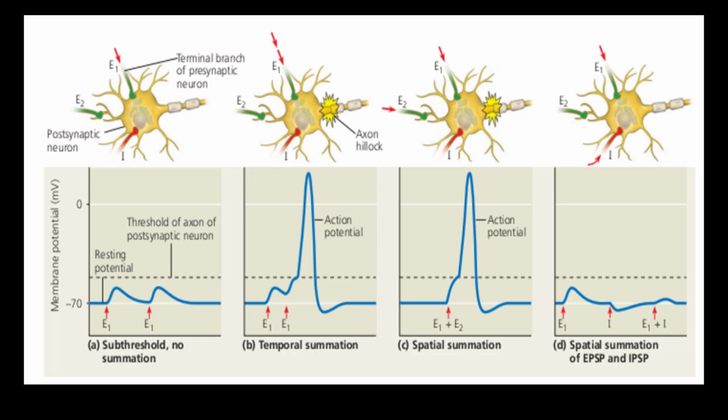If two neurons fire very quickly in space, we call that spatial summation. If a single neuron fires very quickly in time, it's temporal. Now remember, neurotransmitters can have either excitatory or inhibitory effects, and these interact with both spatial and temporal summation.